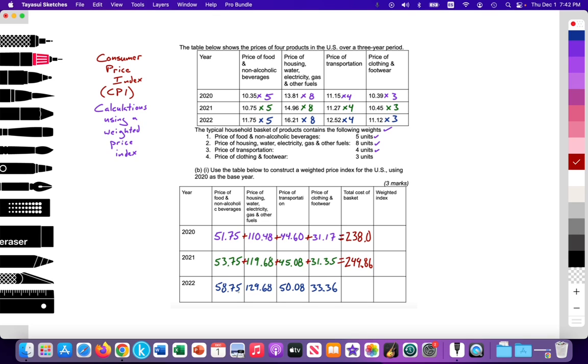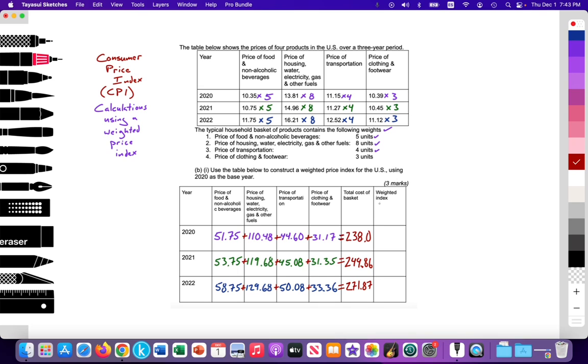Go ahead and pause the video and sum the goods within the basket for 2022. Pause now. All right, so let's check your work. $58.75 plus $129.68 plus $50.08 plus $33.36 equals $271.87.